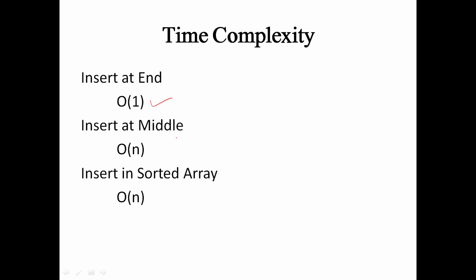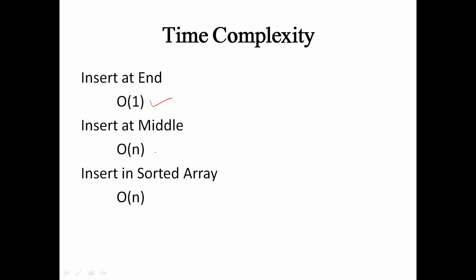Any student can stay for 3 hours. The maximum time limit is 3 hours. So we take the worst case. So n number of elements are to be shifted. If n number of elements are to be shifted, it is order of n. Insertion at the middle time complexity is order of n.